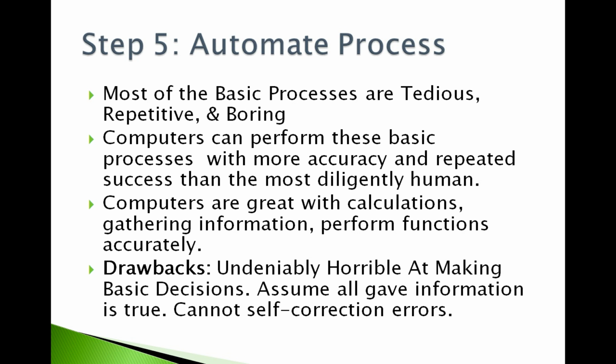We're still better at making decisions than your run-of-the-mill computer. One of the things that goes into it is the fact that a computer normally assumes that all the information that was given is true, and it has to be prompted in order to self-correct.